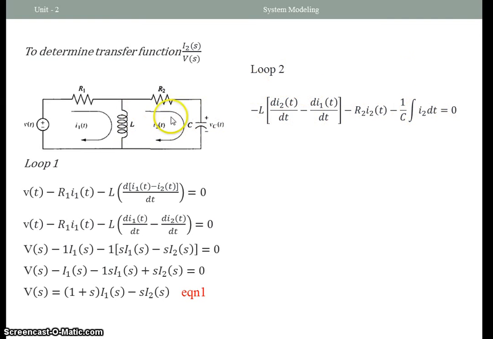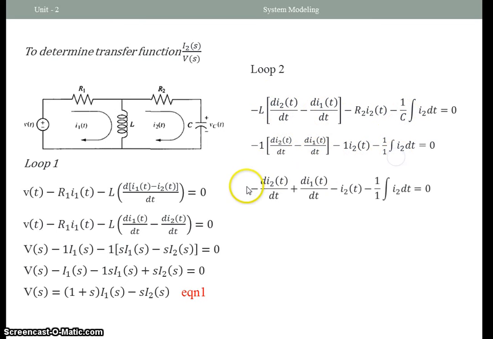If we are in loop 2, we know that the current through the inductor will now be I2 of t minus I1 of t. So substituting the values of L and R, we will have this, as well as the value of C. We will have this equation, and distributing -1 inside, we will get this equation.